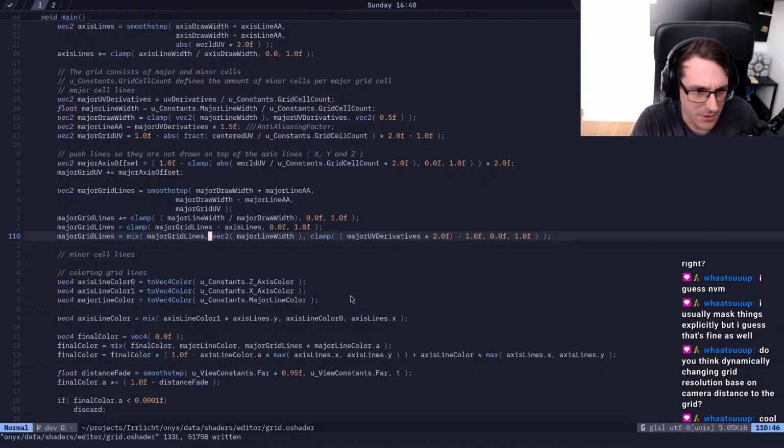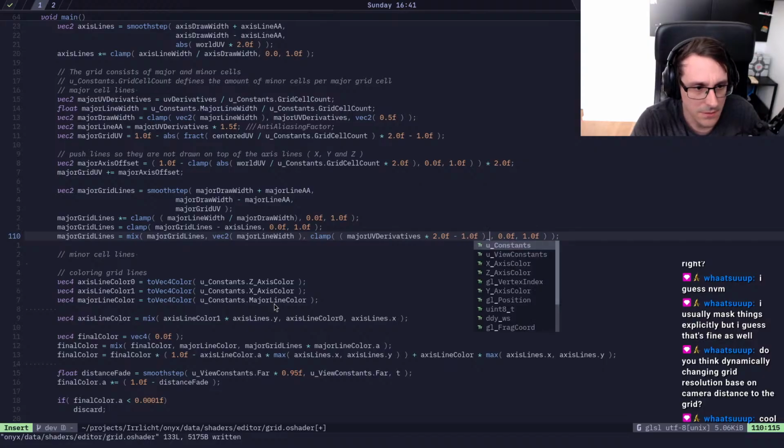Then again, it might be this one. Let's see. We have this here, which is a mix of major grid and the major line width. And here we clamp when this... Oh, is it like that?